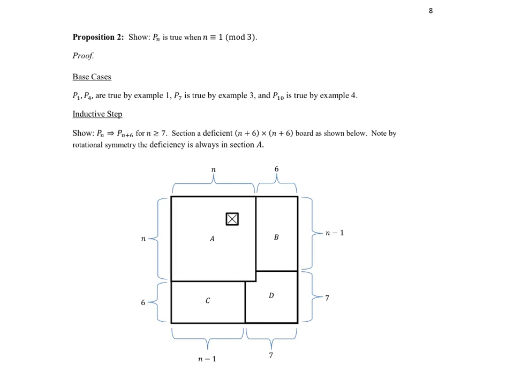But if n was ever smaller than 7, we couldn't safely assume that the deficiency is in section A. So we really do need the n value to be bigger than or equal to 7 to make the assumption that the deficiency is in this top left section A. So our job that's left to do to finish off our Tromino problems here is to explain why each one of these sections A, B, C, and D can be tiled. So let's go ahead and do that now.